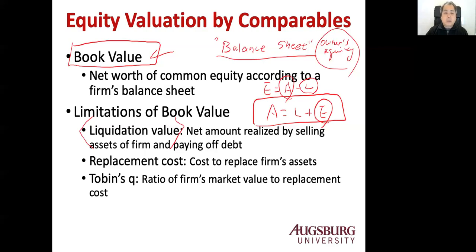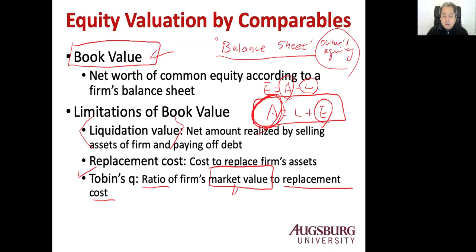We can also use another term, the so-called replacement cost. It's basically similar to the previous one. It's basically the cost to replace these assets. If you get this one and then subtract the liability, you can get the equity value. Now there's Tobin's Q measure, which is the ratio of market value to replacement cost.